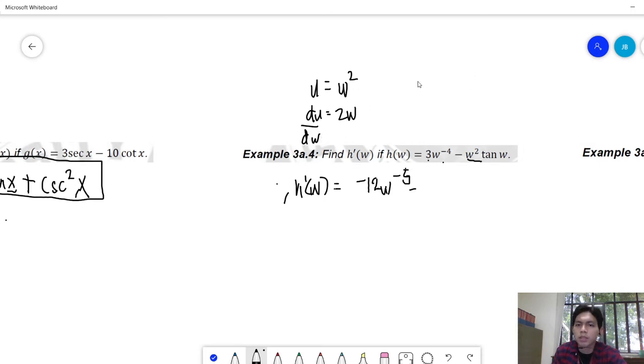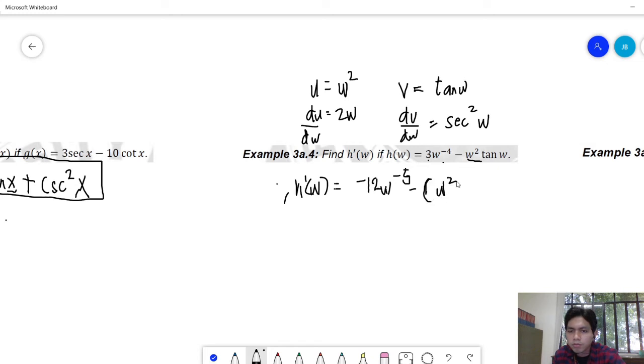Then v is tan w. Again, dv over dw is secant squared w. So simple lang. So u dv is w squared times secant squared w, plus v du, so 2w tan w.